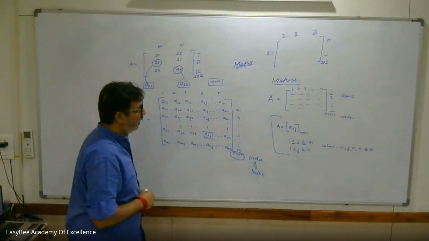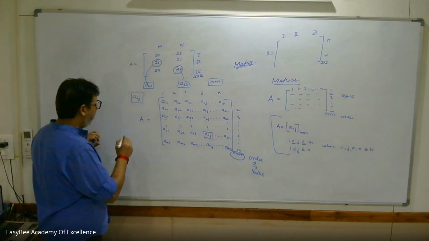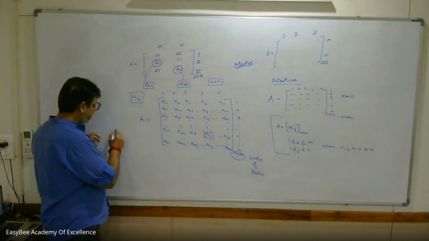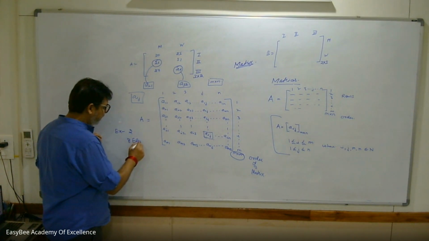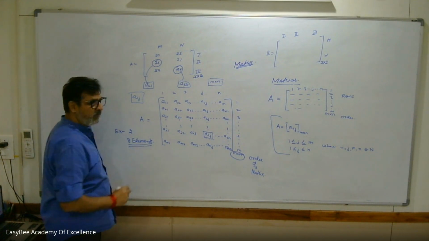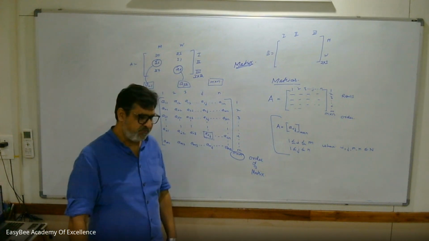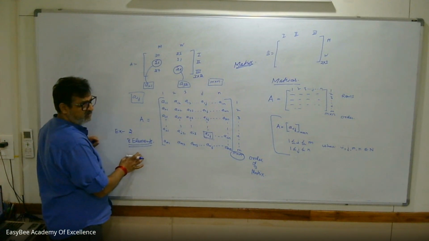Okay. Now look at this example number 2. It says a matrix has 8 elements. How many different orders of matrices can be formed? Very simple, you make pairs of factors.